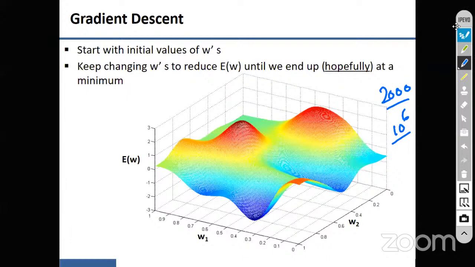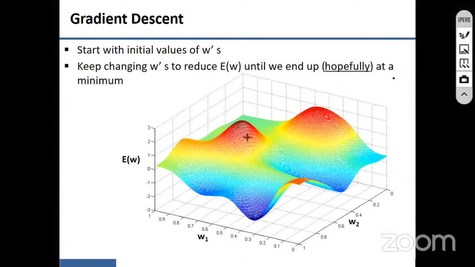Then you start with some random values, for example W1 as 0.7 and W2 as 0.4, and then you modify these W's using the formula.